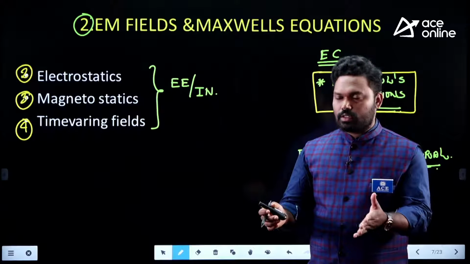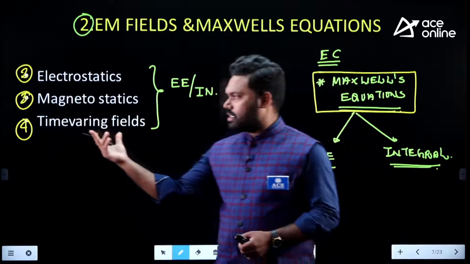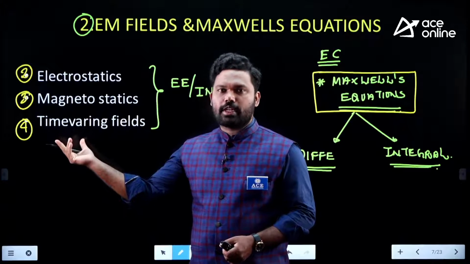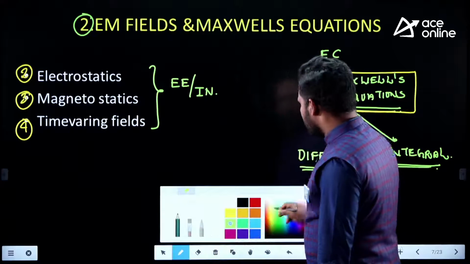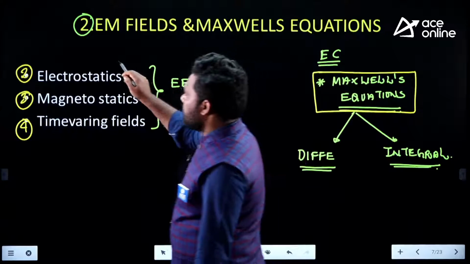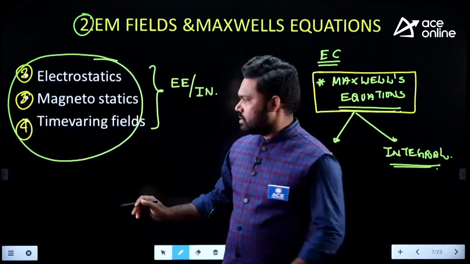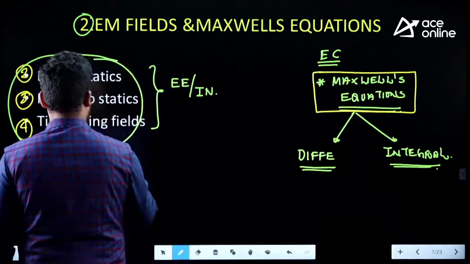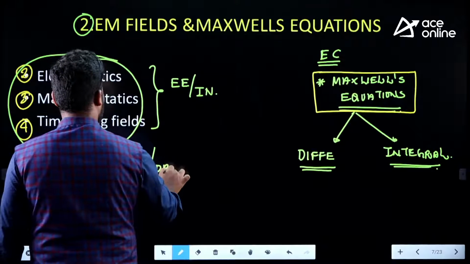And then Coulomb's law, then the continuity equation, and then Maxwell has suggested something here, then you are going to get Maxwell's equations. I can say that these three topics have different laws and properties.